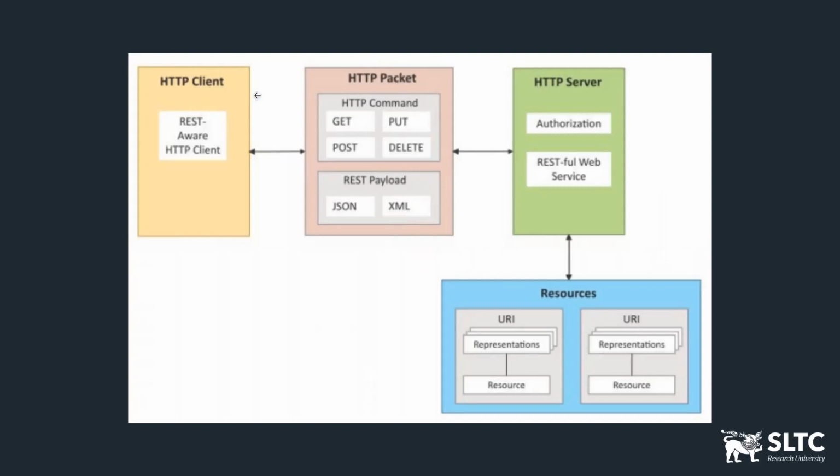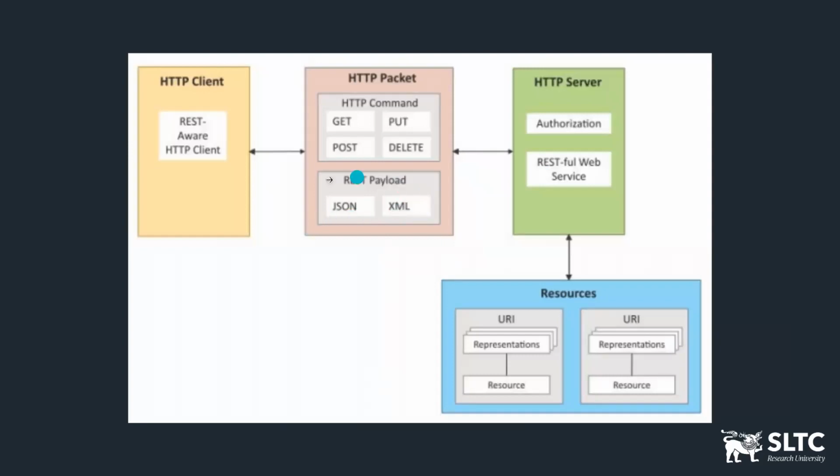and the request will be formed using request functions such as get, put, post, delete, and it will be formed using a language such as JSON or XML. So these languages will be used to form the request message.